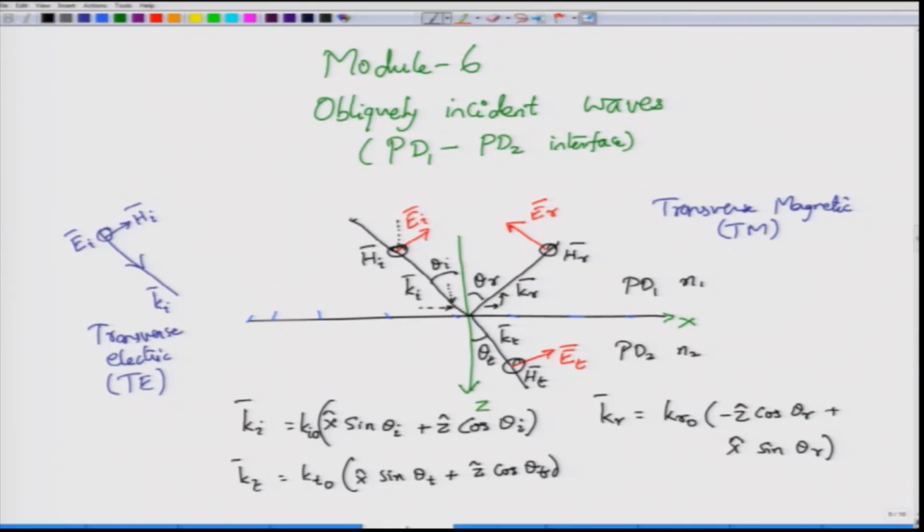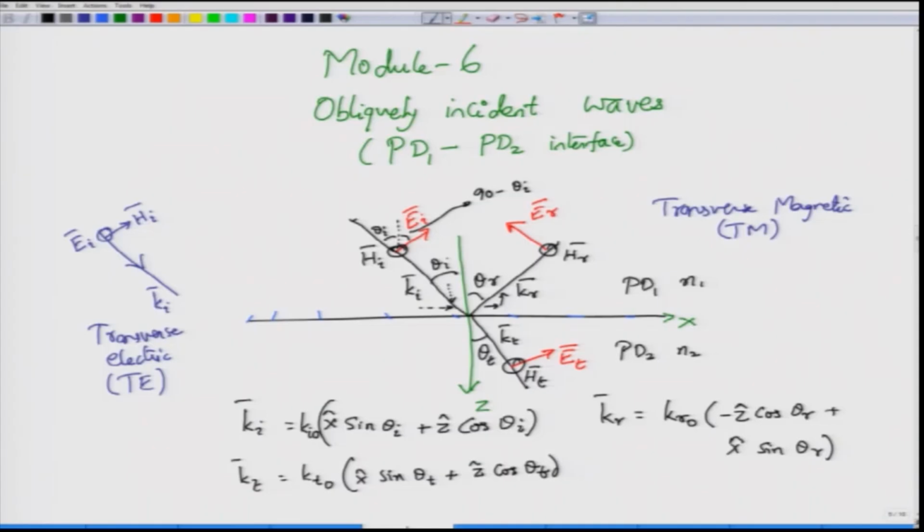So, I know that this black line is making an angle of theta I, right, and I also know that the black line is perpendicular to the red line, being the direction in which the incident electric field is polarized. Therefore, clearly the angle that the electric field makes with respect to the normal will be 90 minus theta I. Now, it is very easy for me to write down the corresponding components.